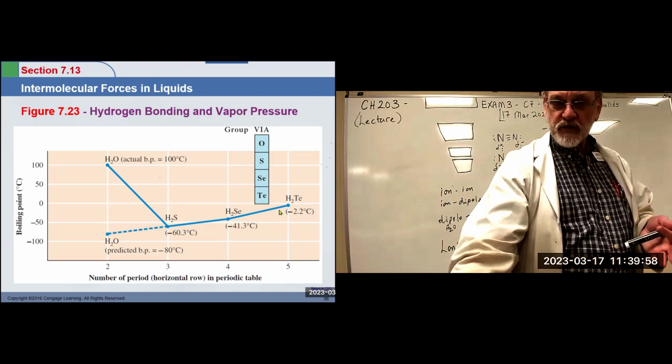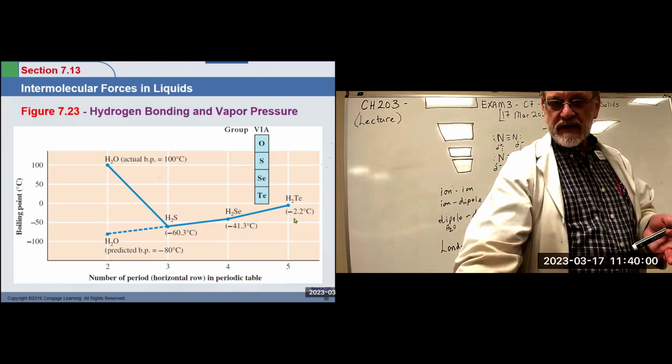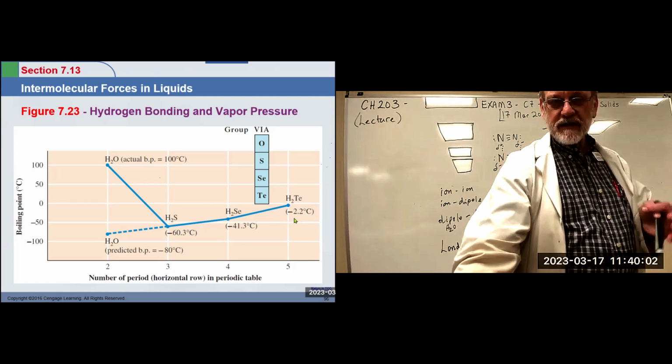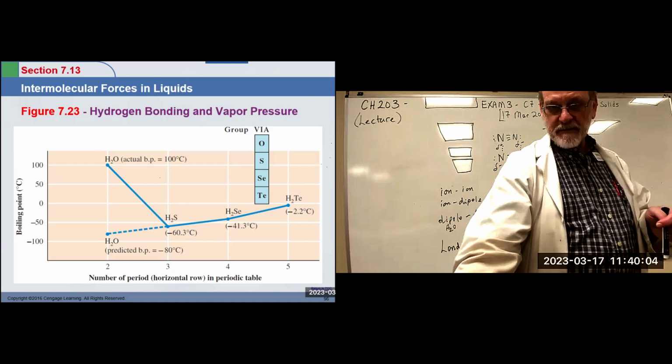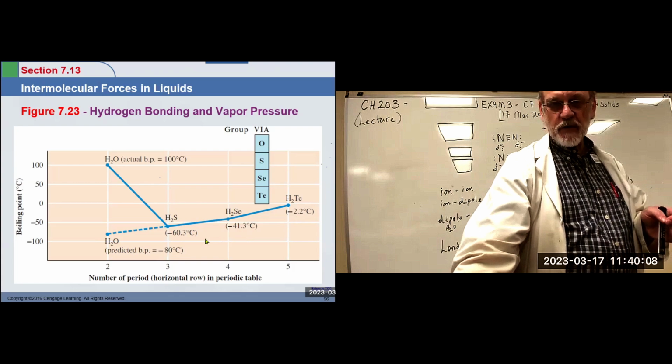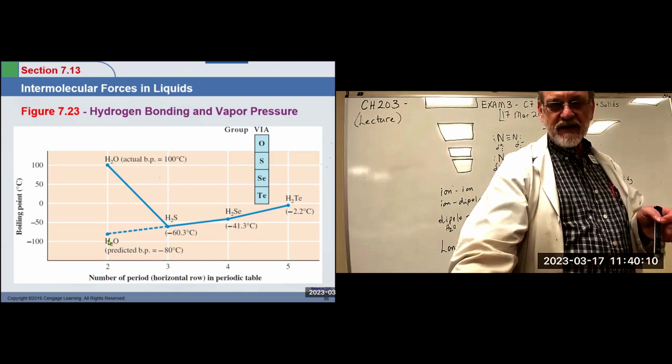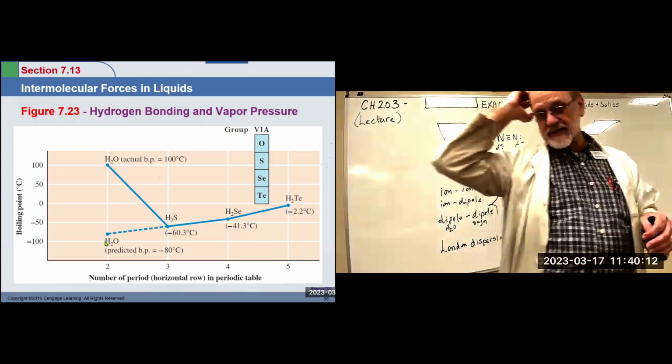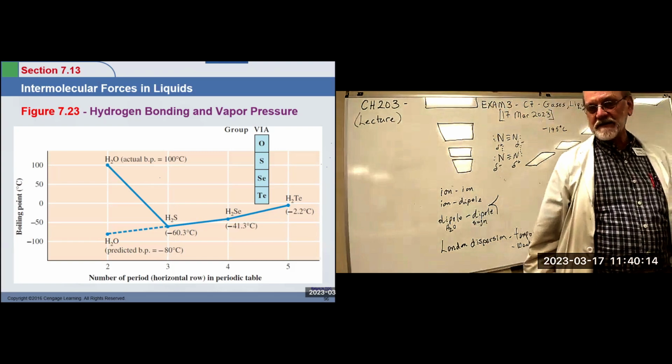If water followed the trend, it would be a decreasing boiling point, right? From -2 here to -41, -60. It should be down here around -80, but it's not.